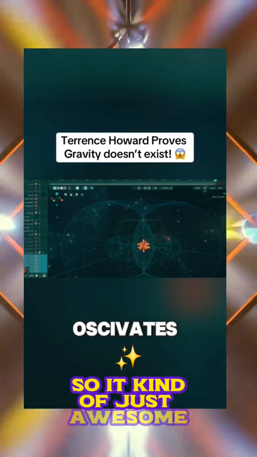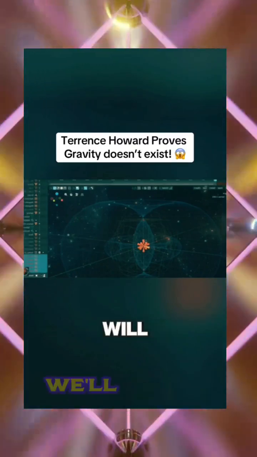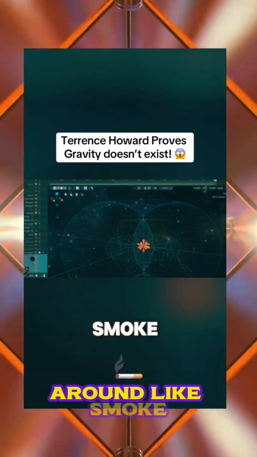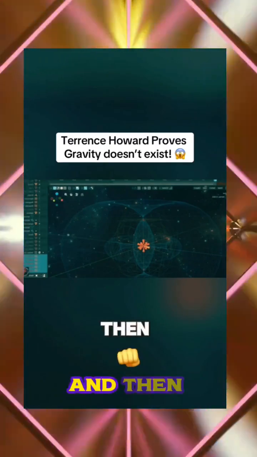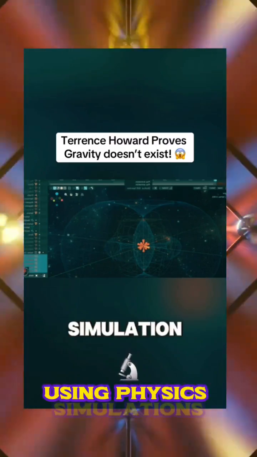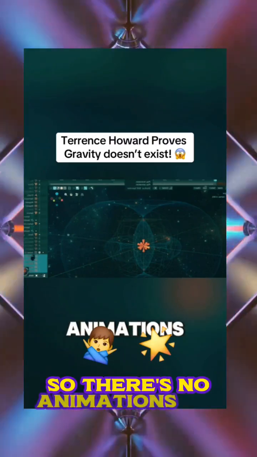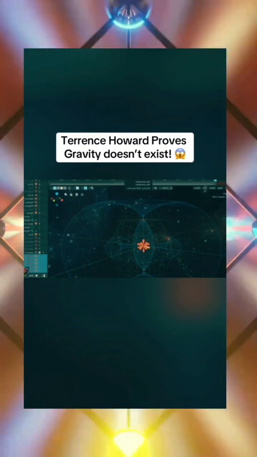It oscillates to give a little randomness in motion, so that the particles interact and bounce around like smoke or waves in water. Then when I hit play, it does it all by itself using physics simulation. There are no animations at all in this model. And when I play it, this is what pops out.